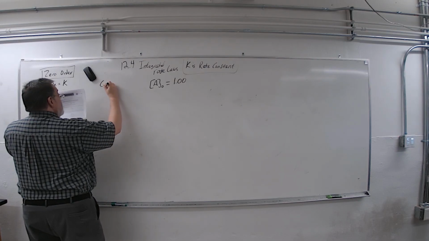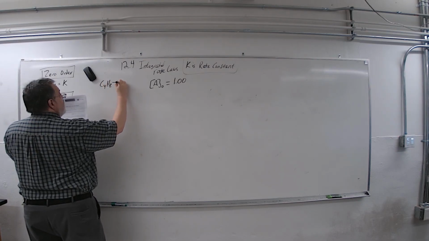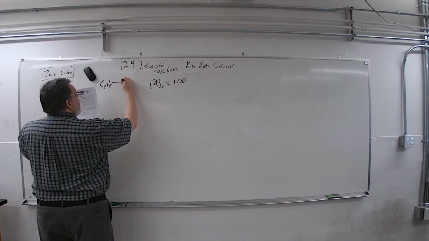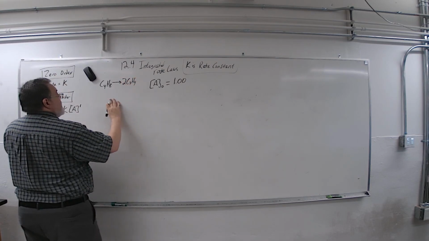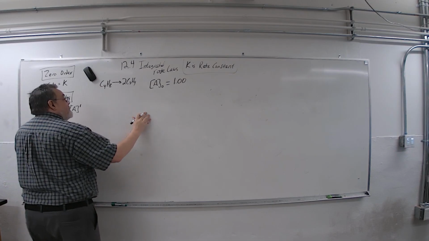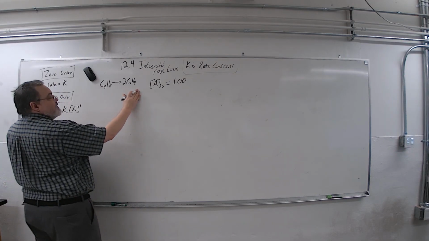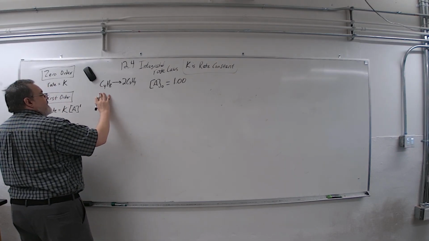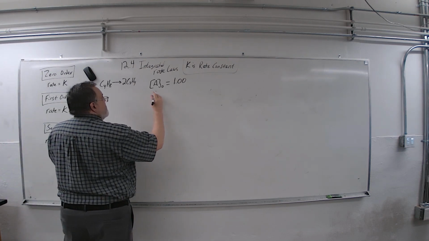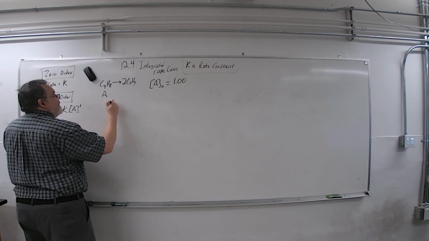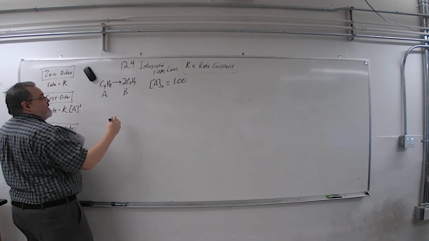Again, phrasing these books, we just like to make it sound complicated. So that's C4H8 decomposing into 2 C2H4s. So how long does it take for 80% of this to decompose? Which means this is A, this is B.